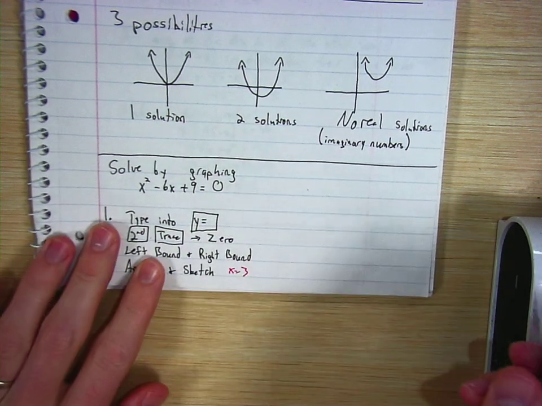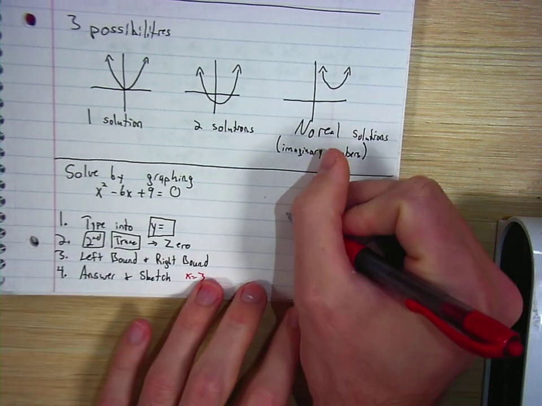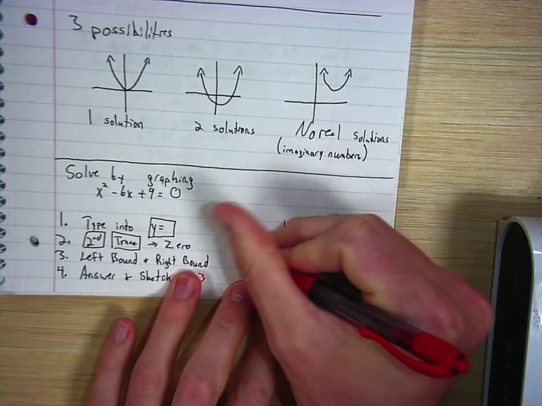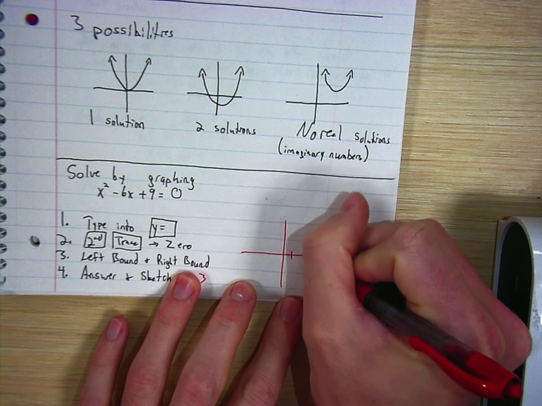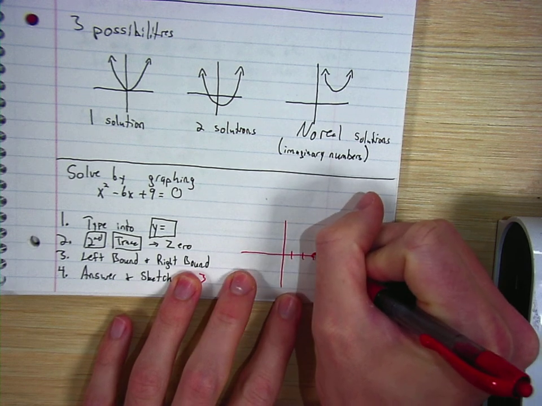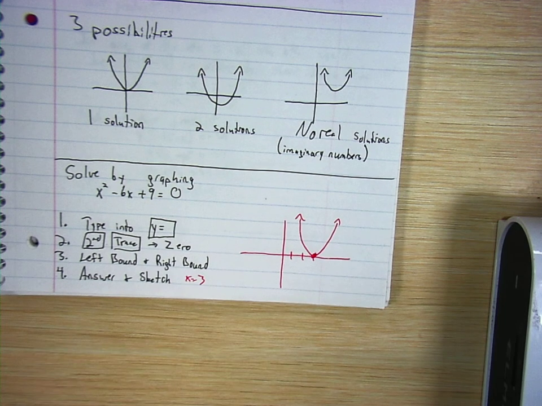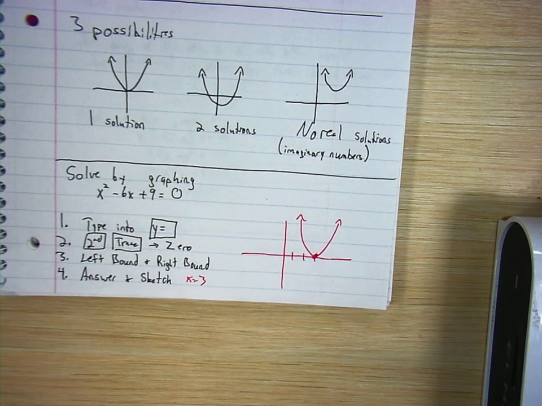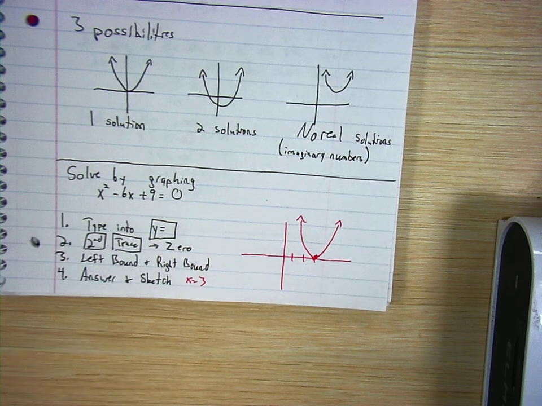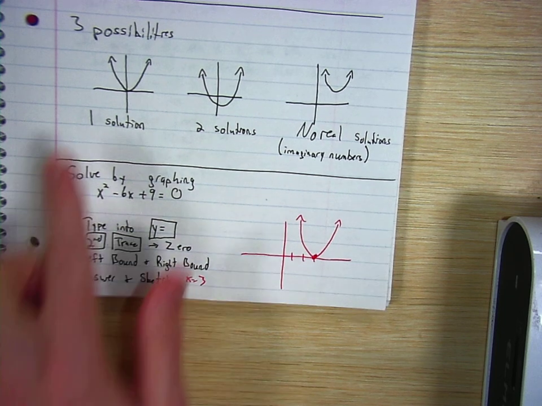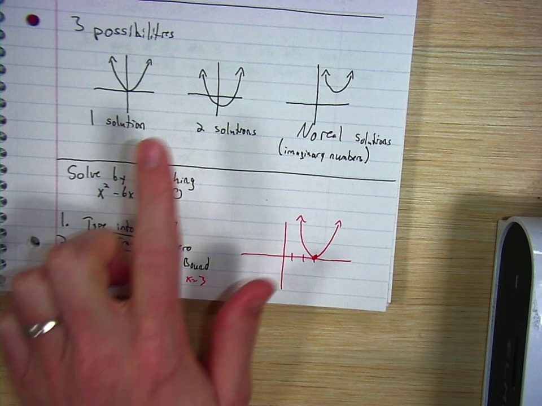And now I can draw a little sketch over here. 1, 2, 3, and it went like this. Ta-da! So that's what you need to do for those types of problems today. Go through those steps, get your answer. Now, look at our options here. That was one solution. We could have one with 2.